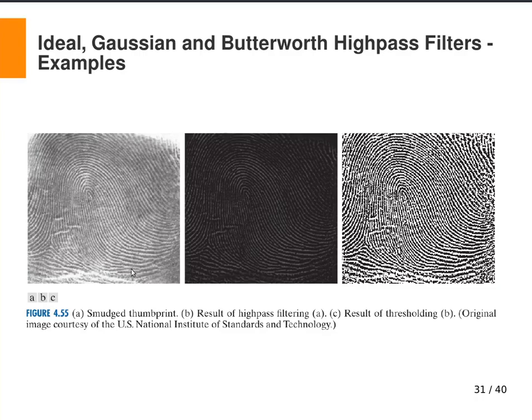On the left you see a smudged thumbprint. In the middle you see the result of high pass filtering, and then finally if we apply intensity thresholding, as we saw in the previous chapter, to the filtered result, we see a much sharper representation of the thumbprint.